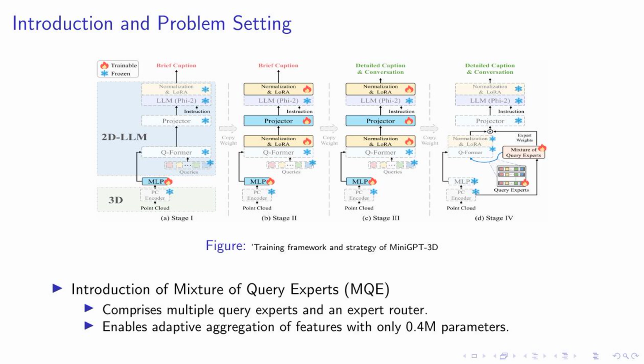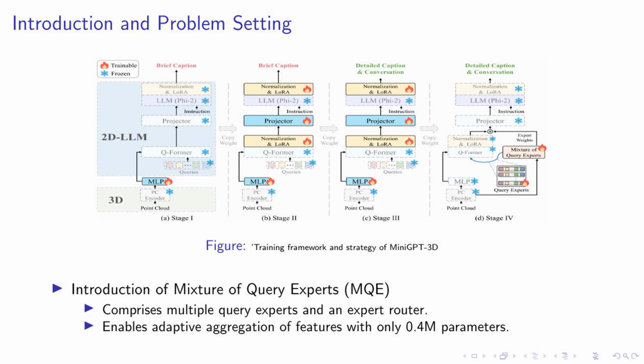Let's delve deeper into the mixture of query experts, or MQE, a key component of our MiniGPT-3D training framework. As you can see in the figure, MQE is a unique system that comprises multiple query experts and an expert router. This setup allows for the adaptive aggregation of features, enhancing the model's perception and cognition.